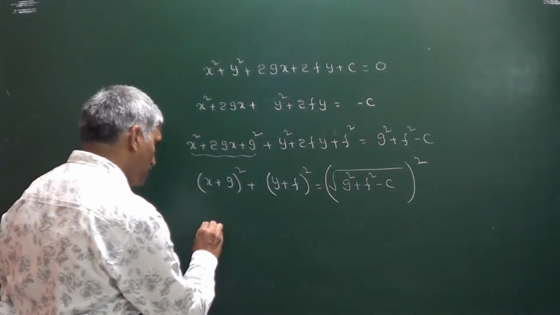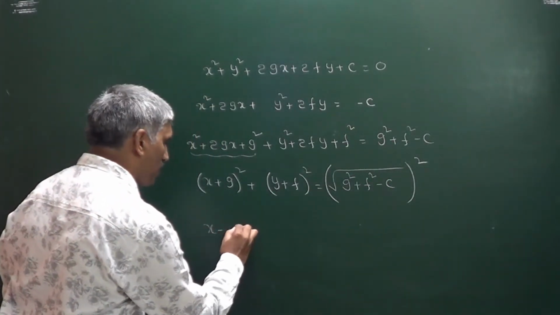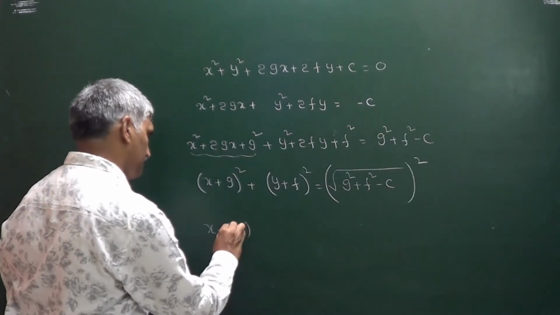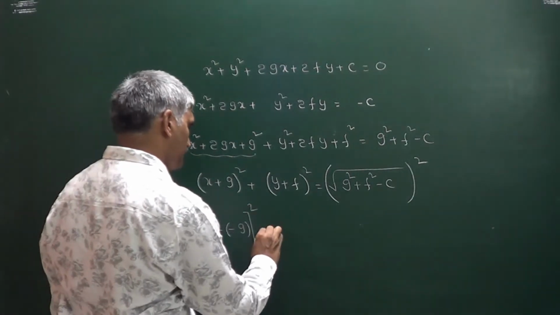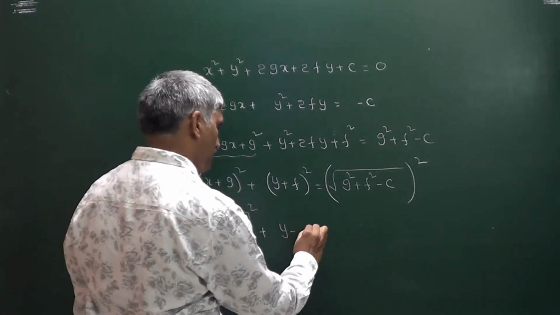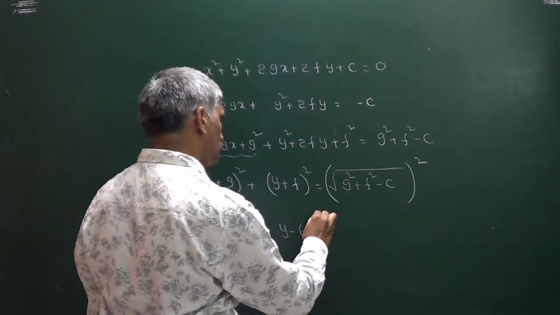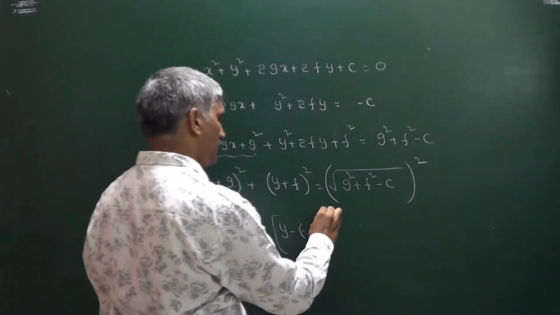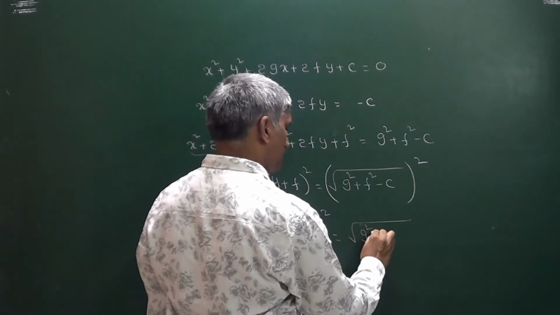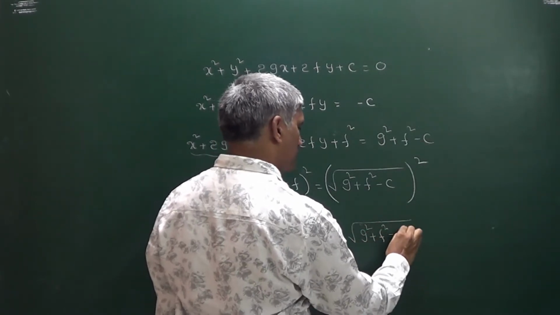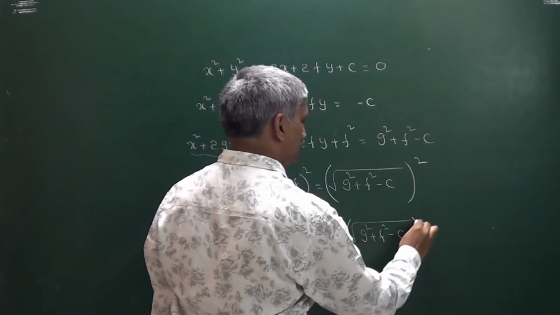Now you can write this as (x minus of minus g) whole square plus (y minus of minus f) whole square equals the square root of (g square plus f square minus c) whole square.